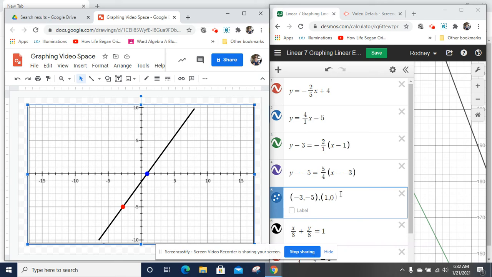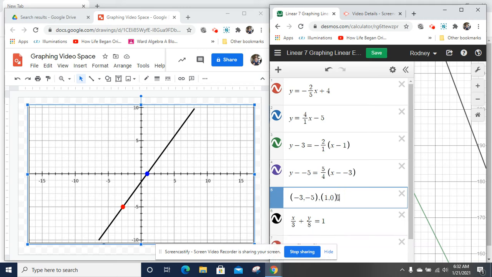I could have found other points. 5 over 4 is the same as 10 over 8. So I could have also added 10 to the vertical component, and 8 to the horizontal component. So I could take this negative 3, negative 5, and add 8. Let me also put parentheses around there so it's a proper point.